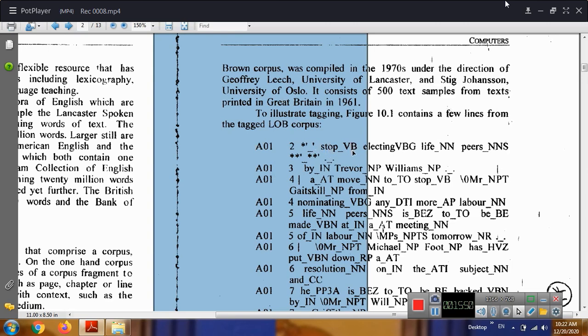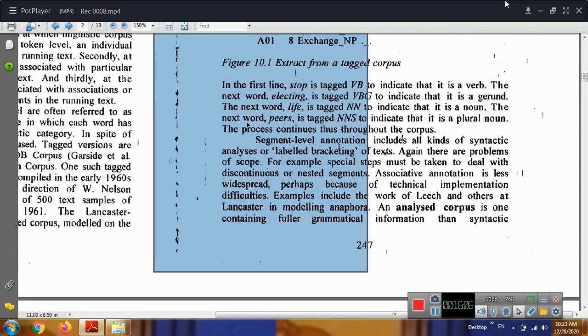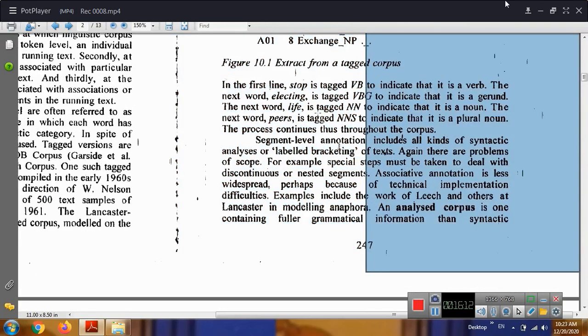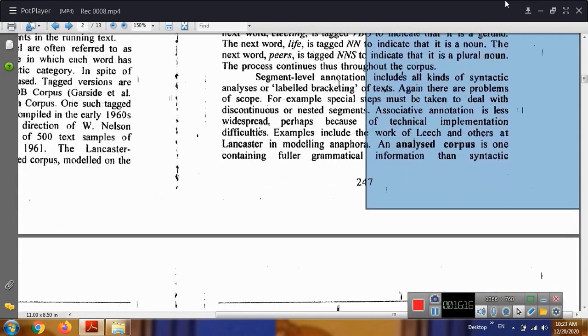Here, after stop, we have VB, which means verb, electing, which means gerund, live, and after live, we have NN, which means noun. Peers is NNS, which shows the plural form of a noun. The process continues thus throughout the corpus. You can see the other lines are the same as the first line.